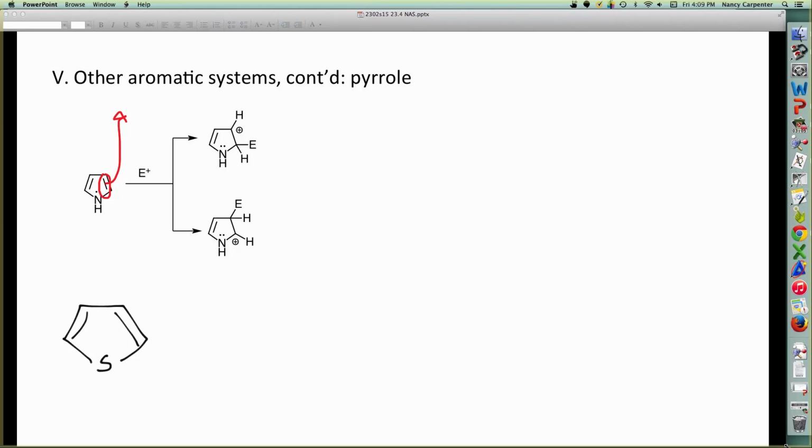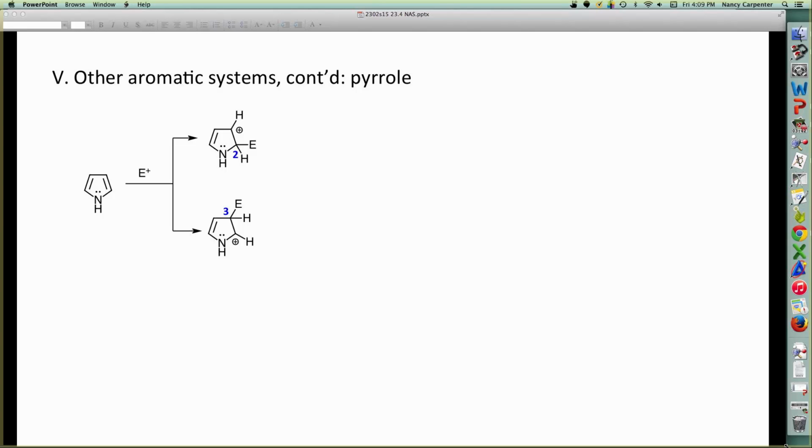Does my nucleophilic aromatic ring reach out and grab that electrophile and put it on that carbon, or does it go the other way and put it on that carbon? So that's position 2 or position 3, because the heteroatom is position 1. And the book seems to explain it as, well, they can both form. And it's true, they can both form.